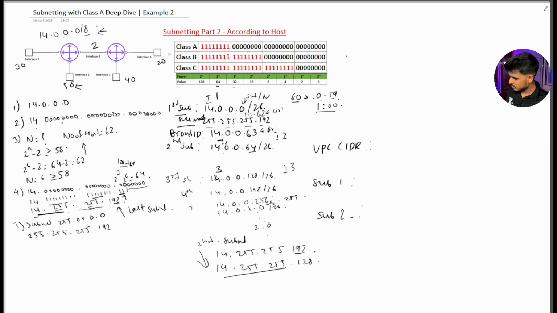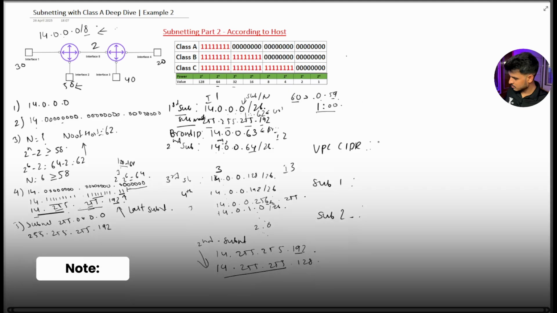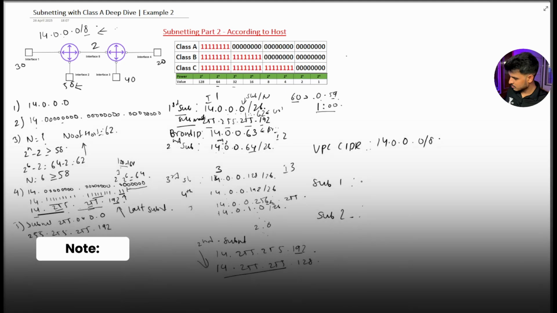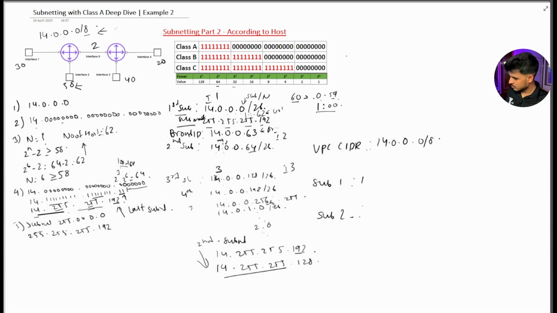Either you can take this value as CIDR, that is 14.0.0.0/8, and under subnets you can take 14.0.0.0/26 and again 14.0.0.64/26.